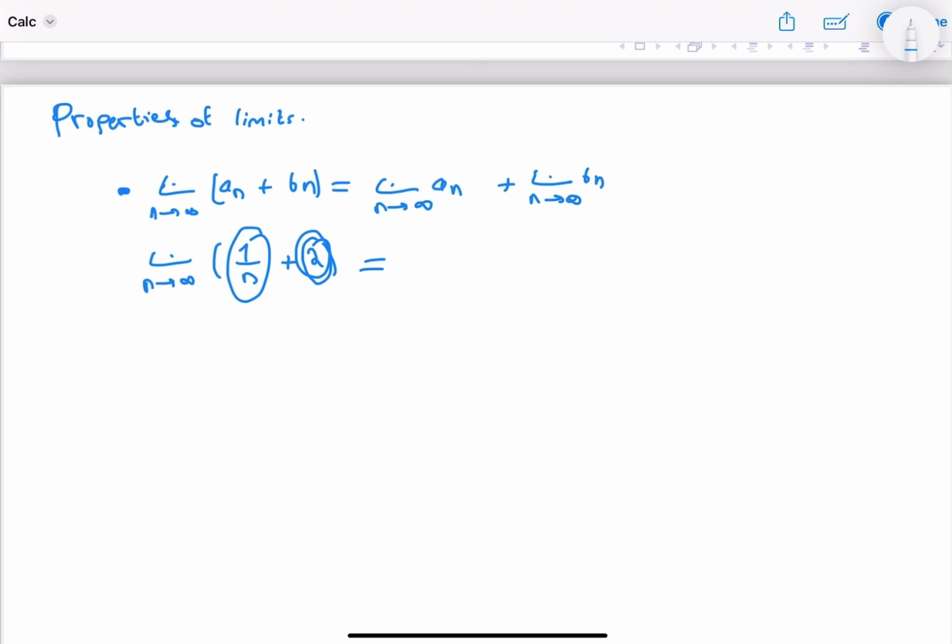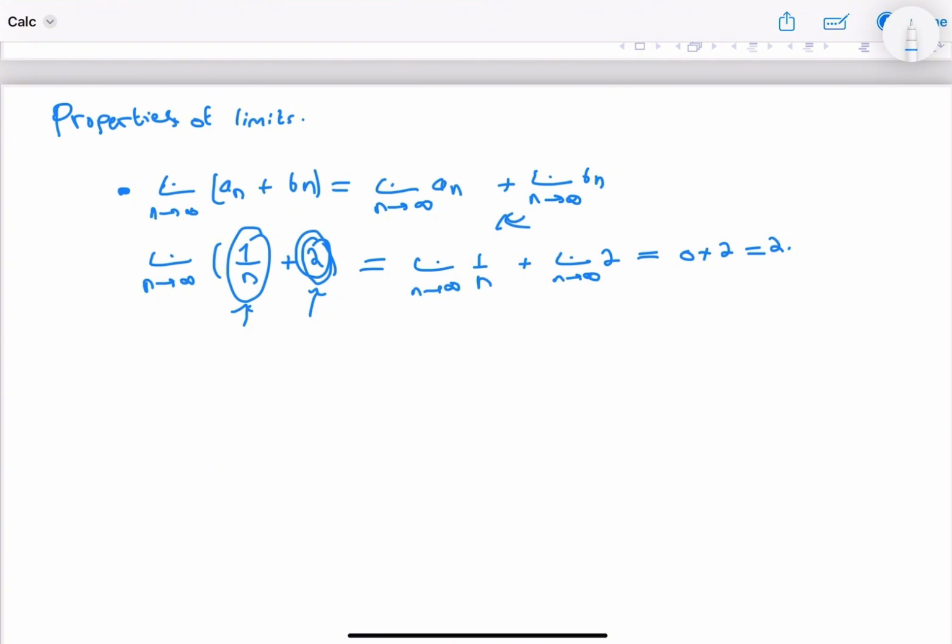So for you to be able to say that this is 0 plus 2, you're using this property: you can distribute the limit, taking the limit of the first thing plus the limit of the second thing. You can use the above two theorems and see that this is 0 plus 2, which is 2.